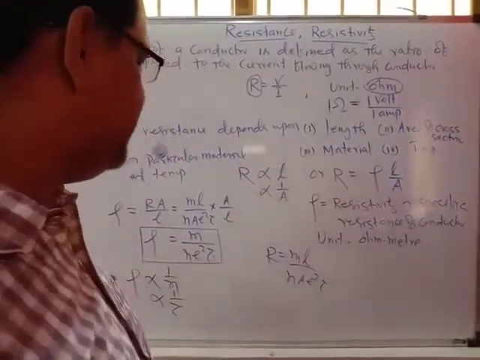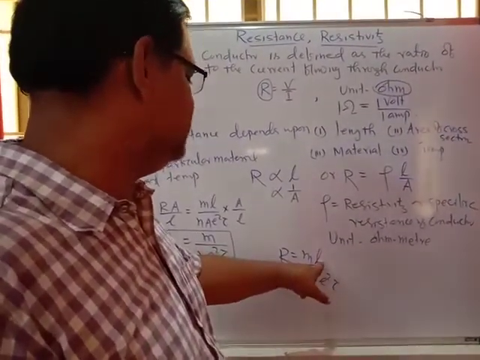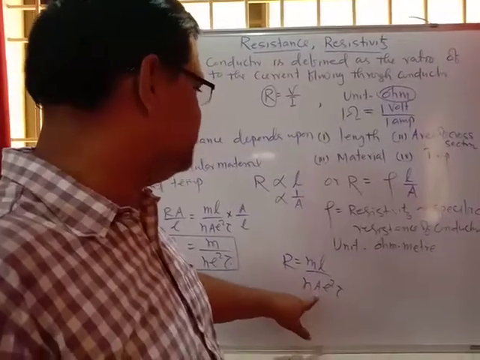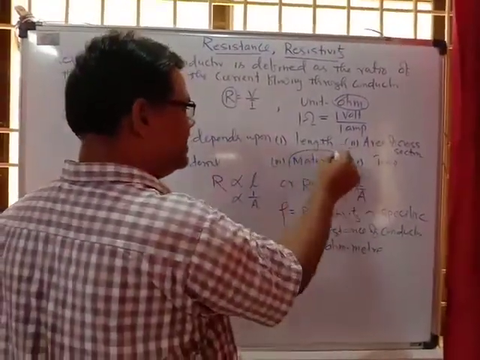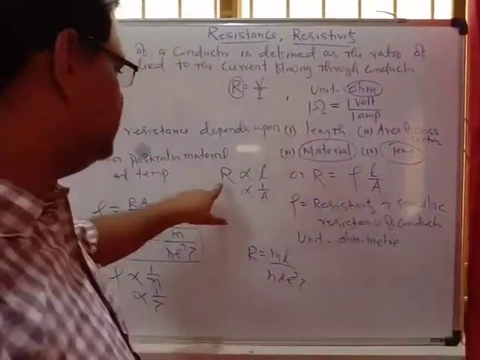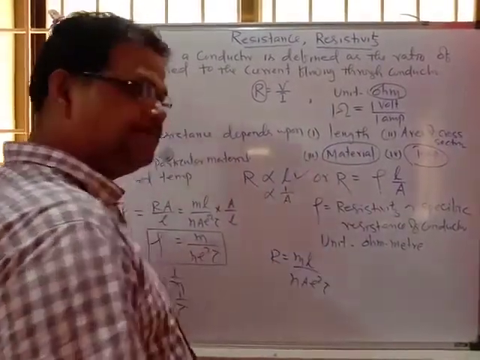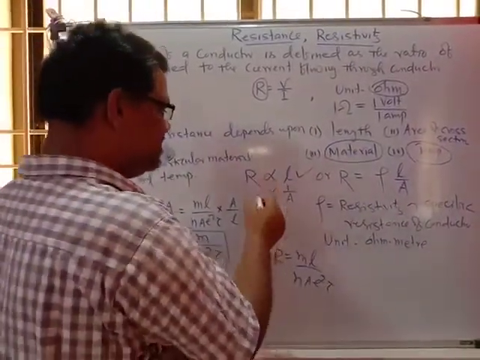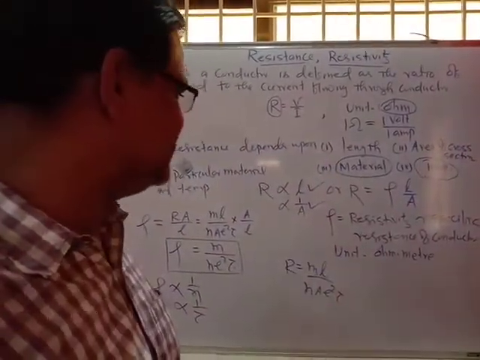So R is directly proportional to the length and inversely proportional to the area of cross section. For a particular material and a particular temperature, the resistance of a conductor is directly proportional to its length and inversely proportional to its area of cross section, that is, its thickness.